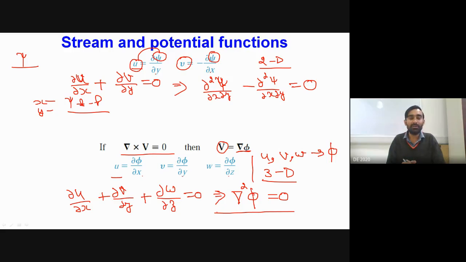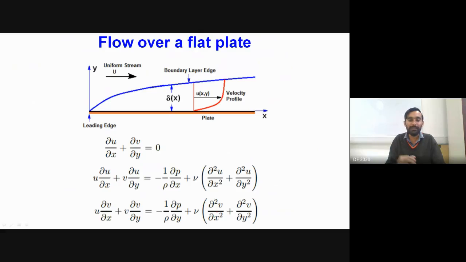Okay, so with this now I would like to take up a typical flow situation, a typical fluid flow phenomenon, and we will try to solve our governing equation for this type of flow situation and see its solution.